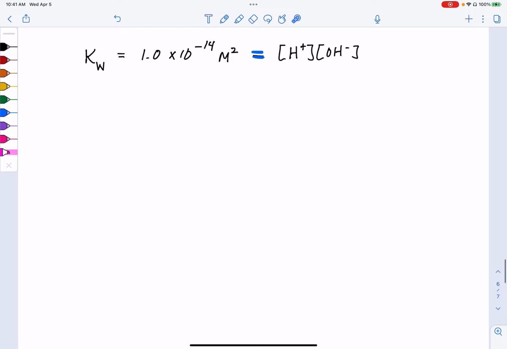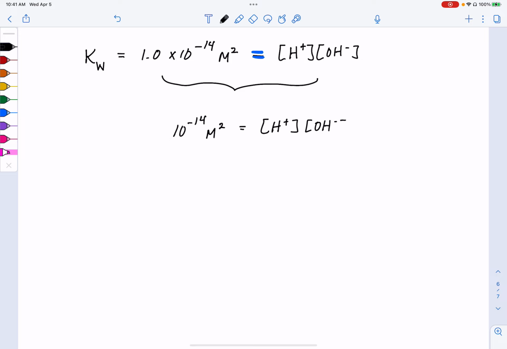All right, so I'm going to rewrite this as 10 to the negative 14 molar squared is equal to concentration H plus times concentration OH minus. Because 1 times anything is just that anything, so I just dropped the 1 to make things less confusing.